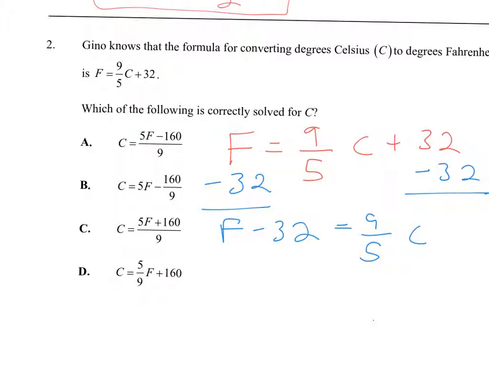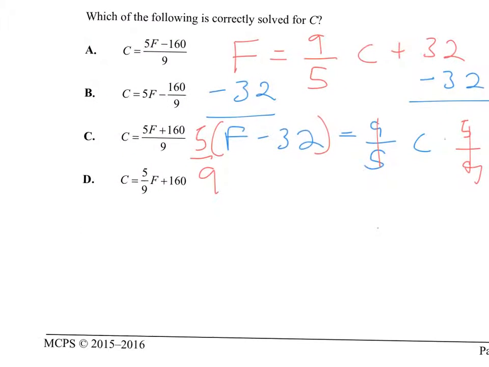Well, now I want to get rid of the 9/5 that's in front of the C. You would say it's a coefficient, you should divide it, but what we're really going to do is multiply by the reciprocal. So we're going to multiply by 5/9 on both sides. These cancel off. And I don't see my answer in the answer choices.